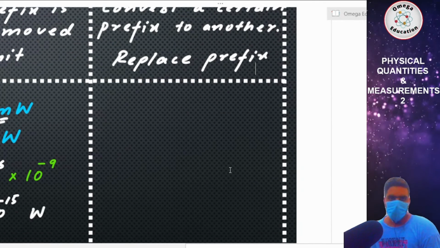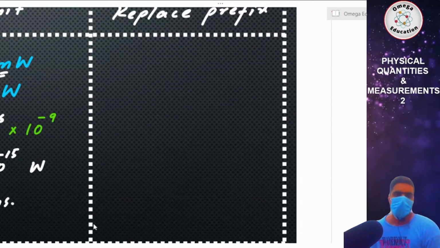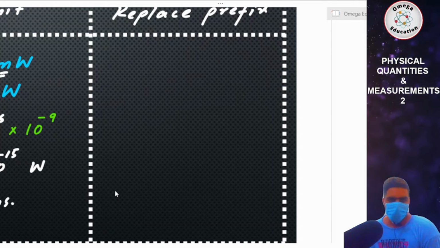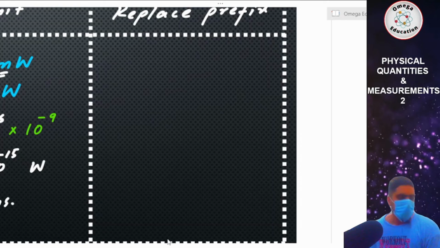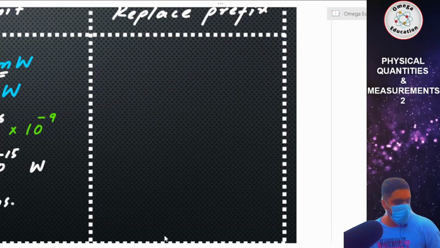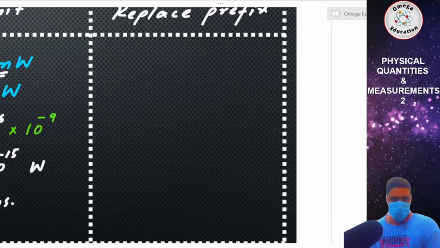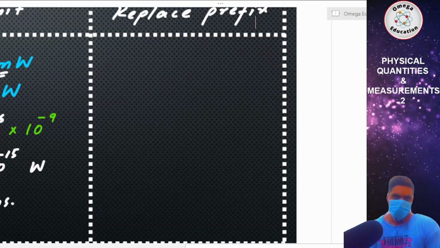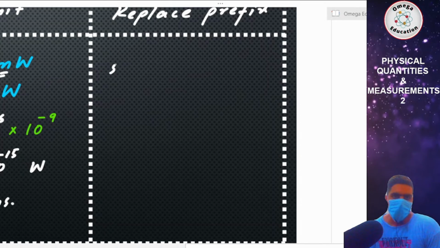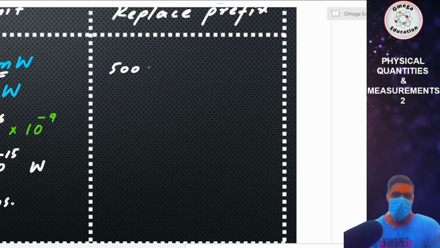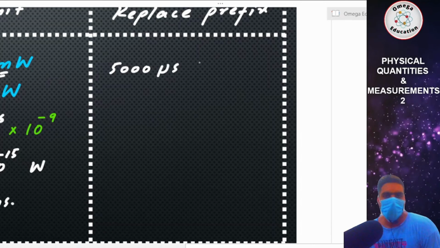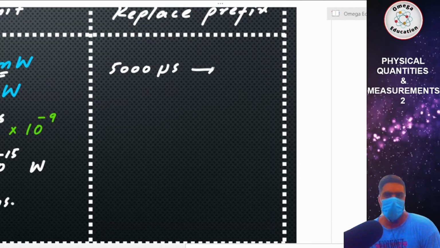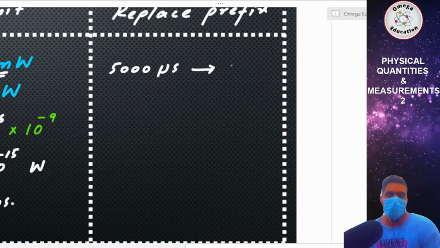So let us try to solve an example. For instance, we are provided with the value 5000, let's say, microsecond, and we need to convert that into millisecond.